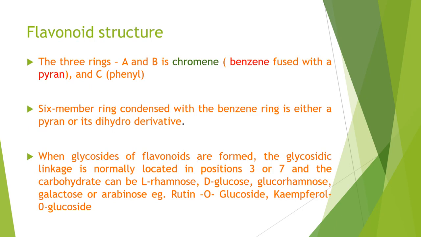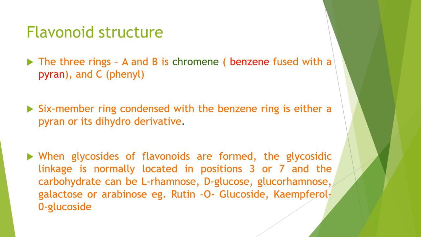So in the flavonoid structure, there are three rings: A and B is chromane, a benzene fused with a pyran, and another ring is phenyl. Next point, the six-membered ring condensed with the benzene ring is either a pyran or its dihydro derivative.